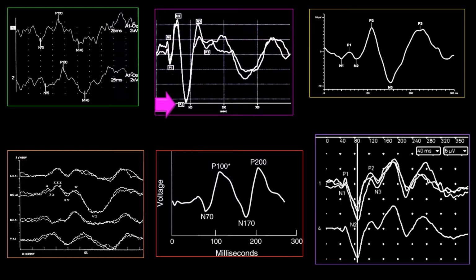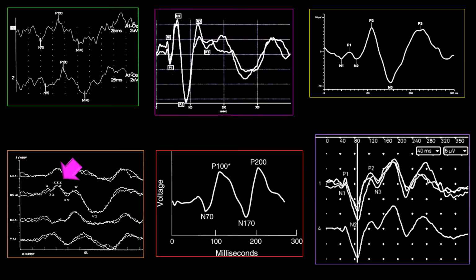In this one, the label used for the most prominent wave is P2. The P indicates positivity, but the peak is down. This one also uses P2, but here the peak is up. In this one, P2 is also going up, but the most prominent peak is negative and not positive.